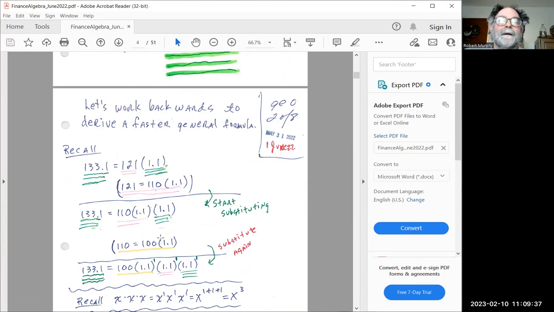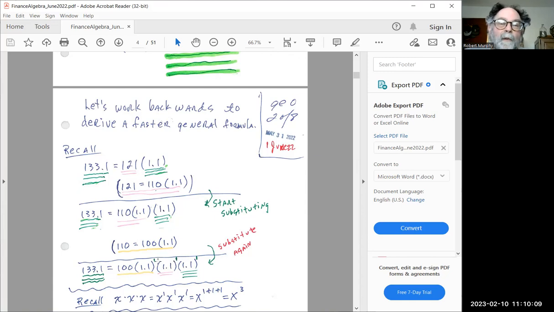Now remember that 110 equaled $100 times 1.1. So I'm going to substitute that in there too, and I'm going to have 133.1 equals 100 times 1.1 times 1.1 times 1.1.